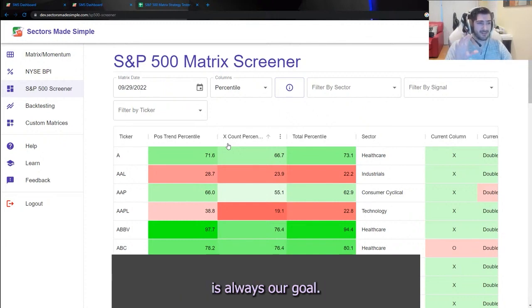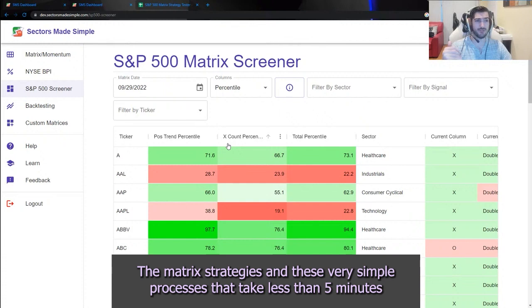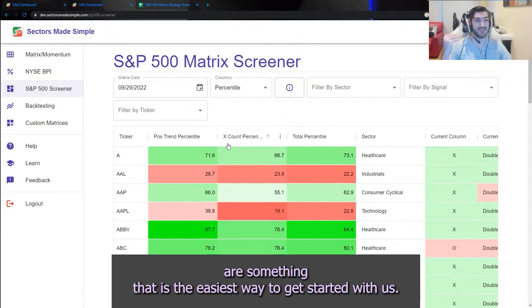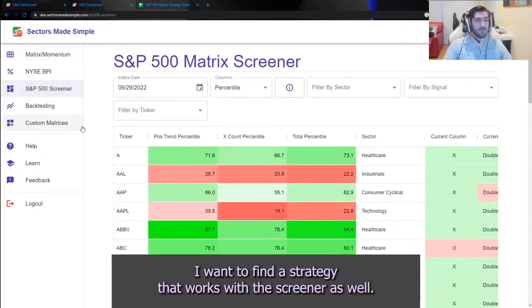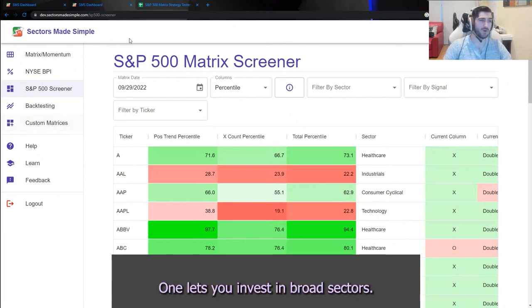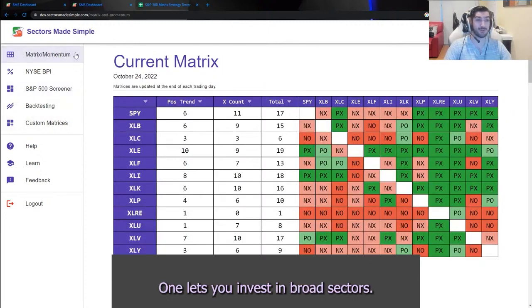Sectors made simple is always our goal. The matrix strategies and these very simple processes that take less than 5 minutes are the easiest way to get started with us. It works with the matrix. I want to find a strategy that works with the screener as well. One lets you invest in broad sectors.